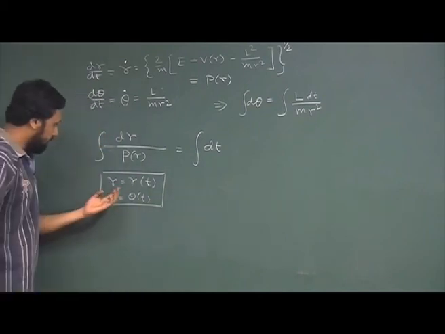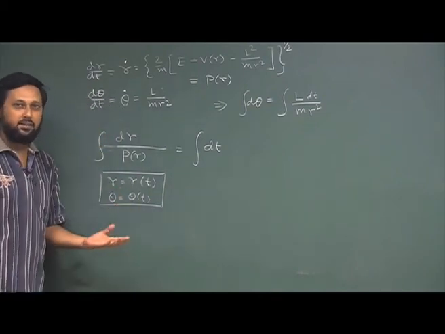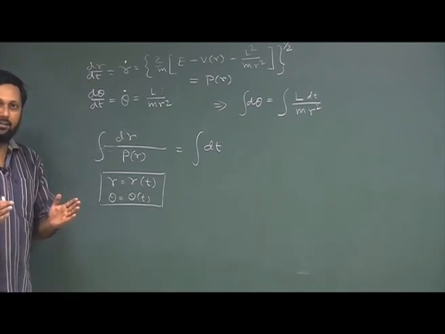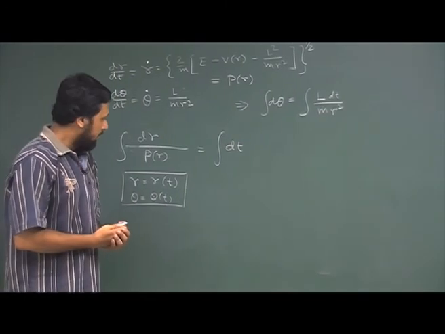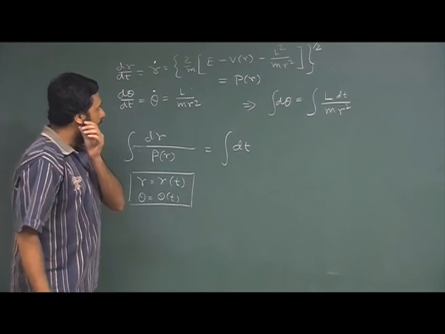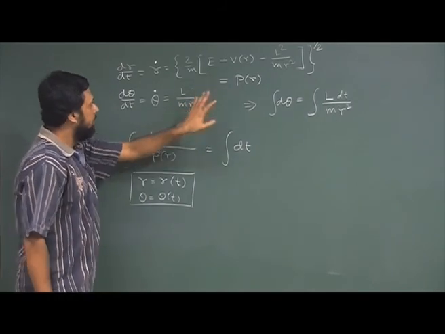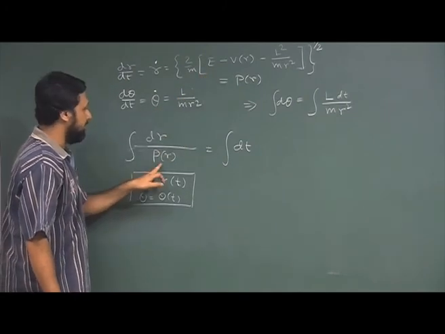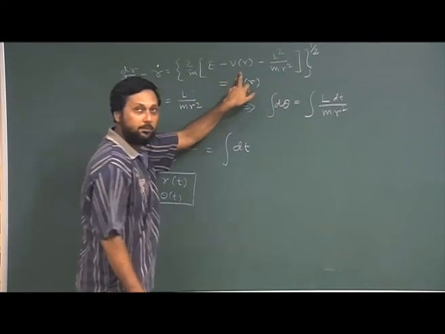So, we know r and theta of the entire trajectory as a function of time, which is equivalent to saying that we know the entire trajectory as a function of time. That is the total solution of the problem we are looking for. Now, there is a technical issue. Integrating this expression in this particular form is hard, because p of r is first of all not a very simple looking expression.